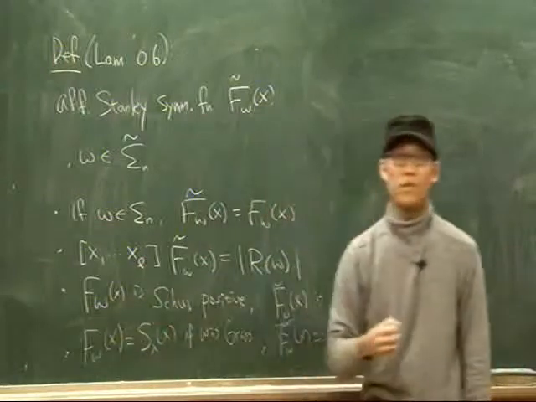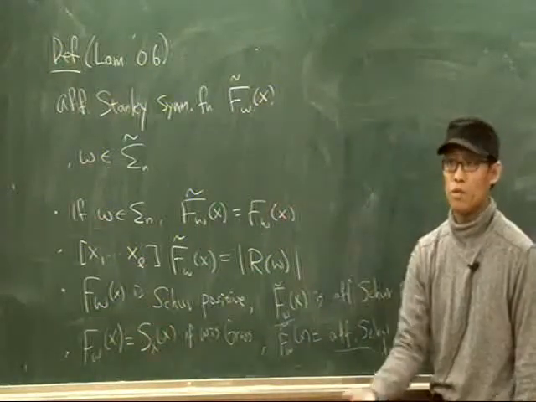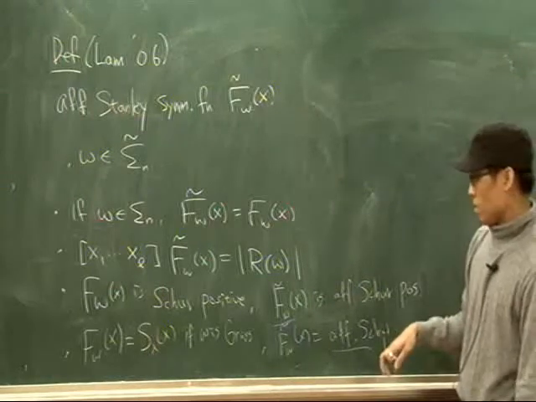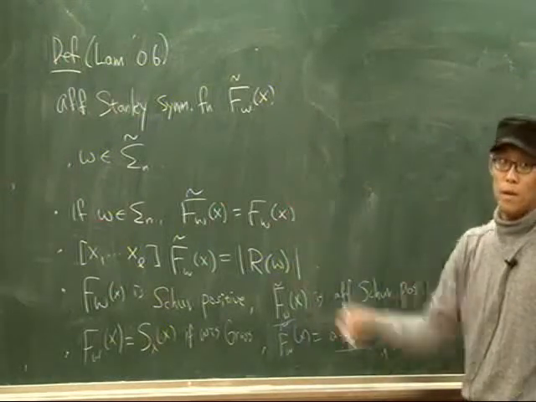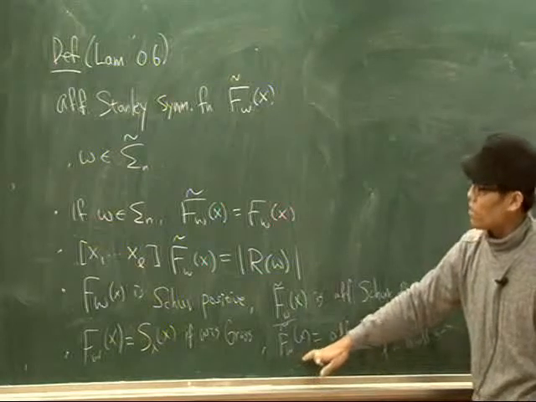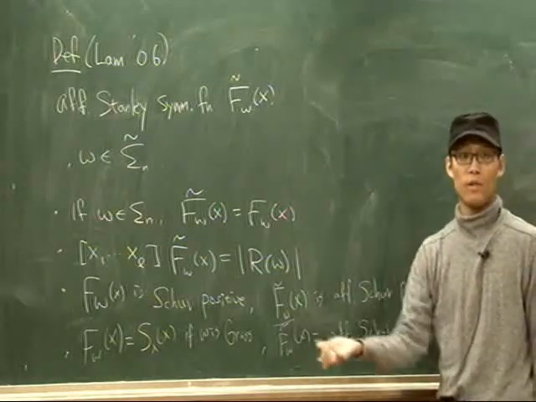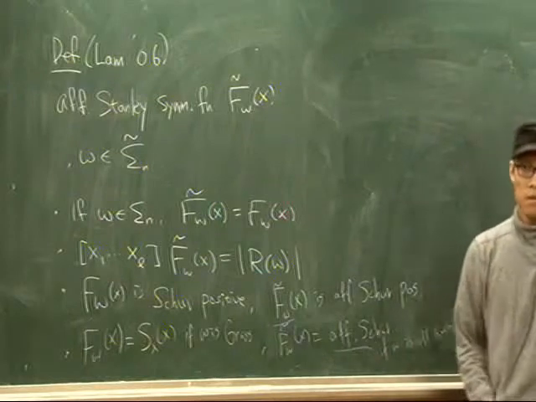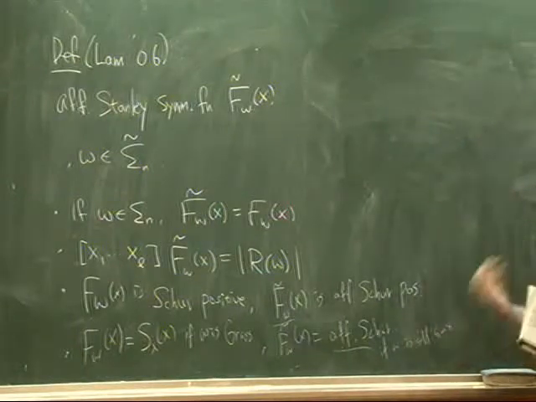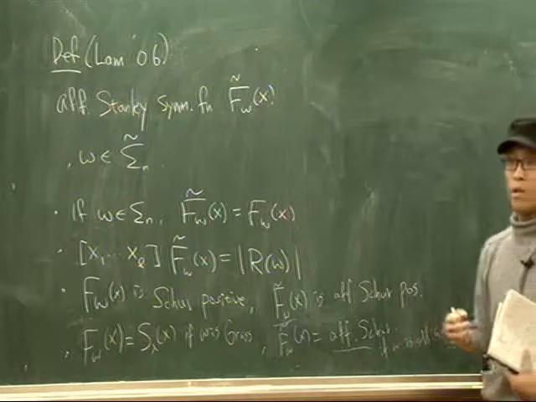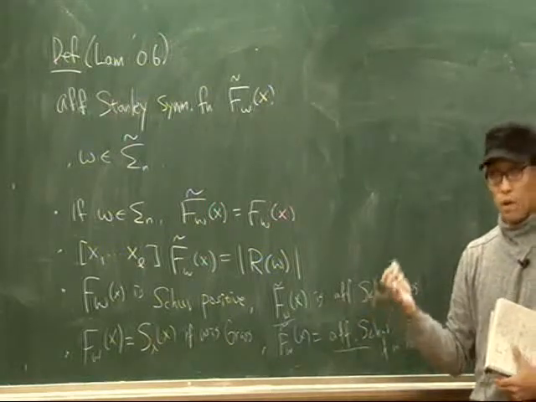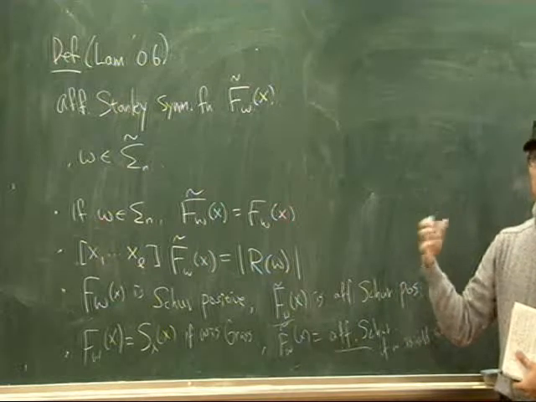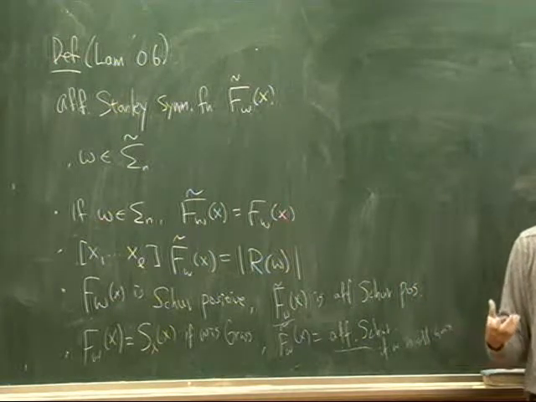FW Stanley symmetric function is geometrically related to the Schubert calculus of Grassmannian and flag variety. On the other hand, affine Stanley symmetric function is geometrically related to affine flag variety and affine Grassmannians, which are much more complicated than flag varieties and Grassmannians, because affine flag varieties and affine Grassmannians are not algebraic varieties.